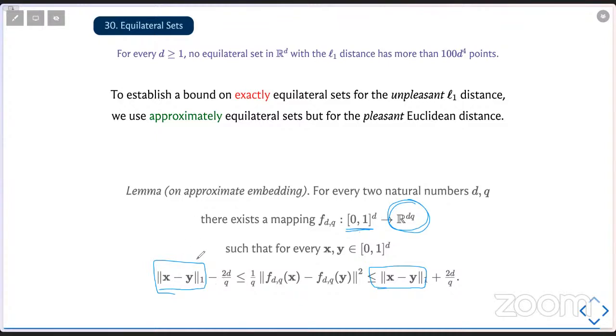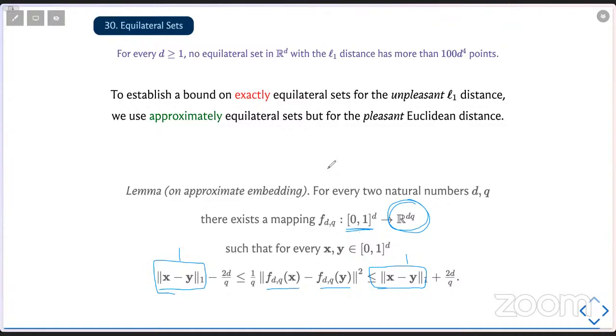So in particular, let me assume that we have exact equilateral with unit distances. Then if you look at this inequality here, this looks a lot like what we had in the proposition. This looks like an approximately equilateral set of points in the R^D' space. So our function here is mapping points from 0, 1 to the D to R^D', so our dimension also is exploded a bit.